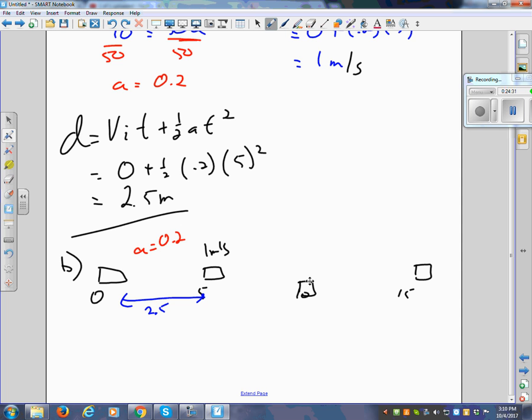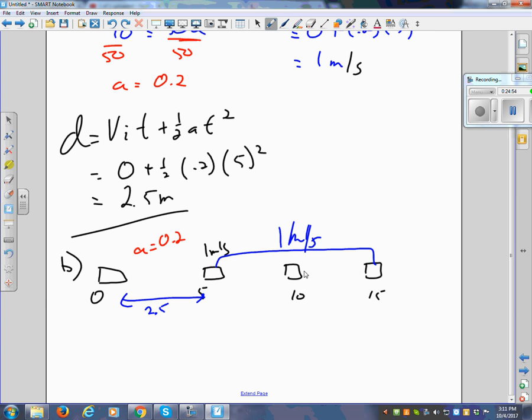Let me just change this one here. Between here and here, how fast is it going? It's the same: 1 meter per second, the whole time. For how long? 10 seconds, between 5 and 15.